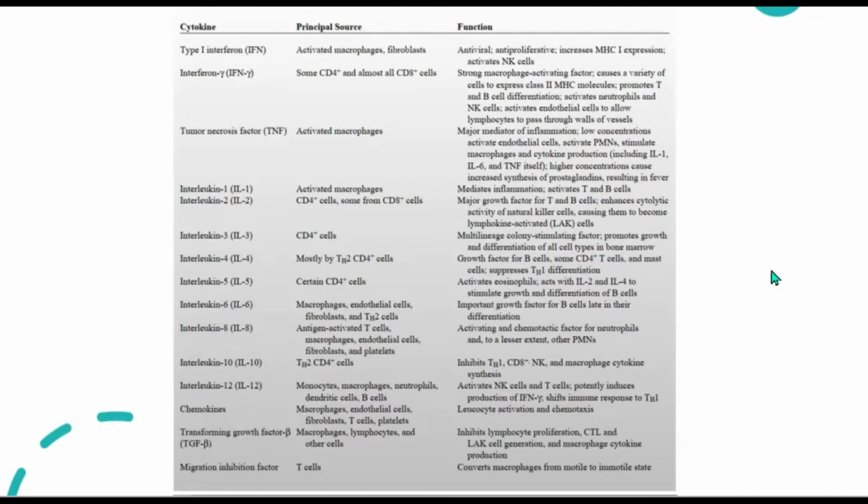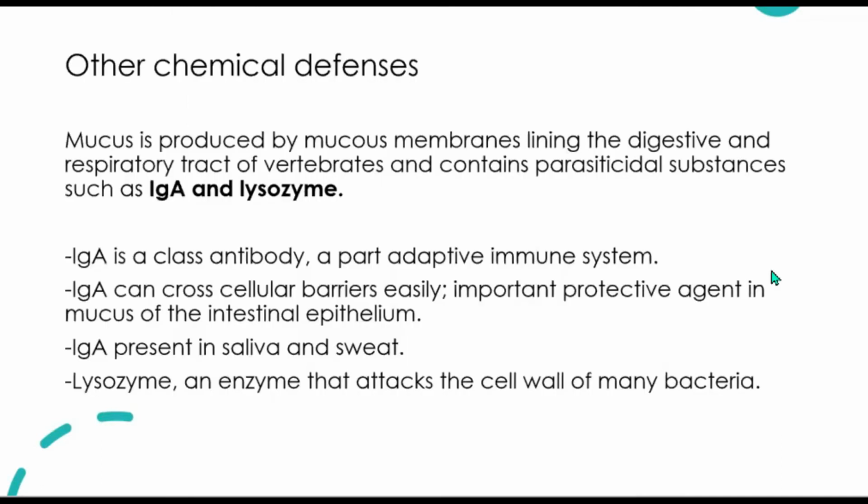So next, other chemical defenses. For example, mucus: the mucous membranes lining the digestive and respiratory tracts of vertebrates contain parasiticidal substances such as IgA and lysozyme. We all know IgA is a class of antibody. It's part of the adaptive immune system.